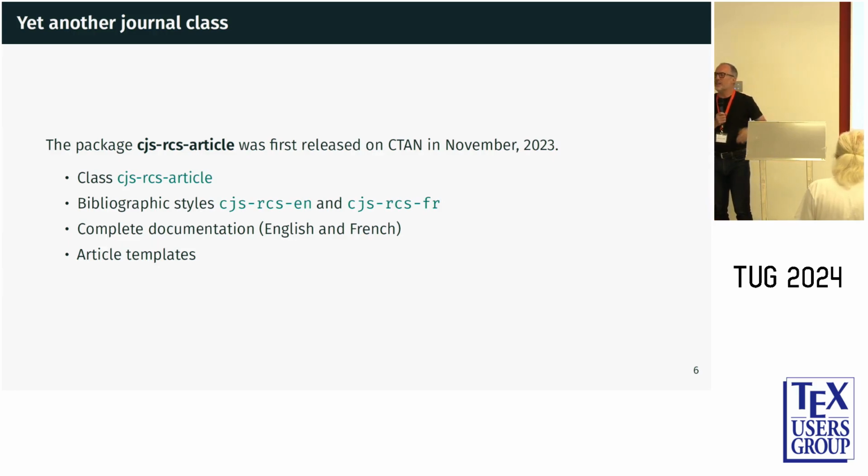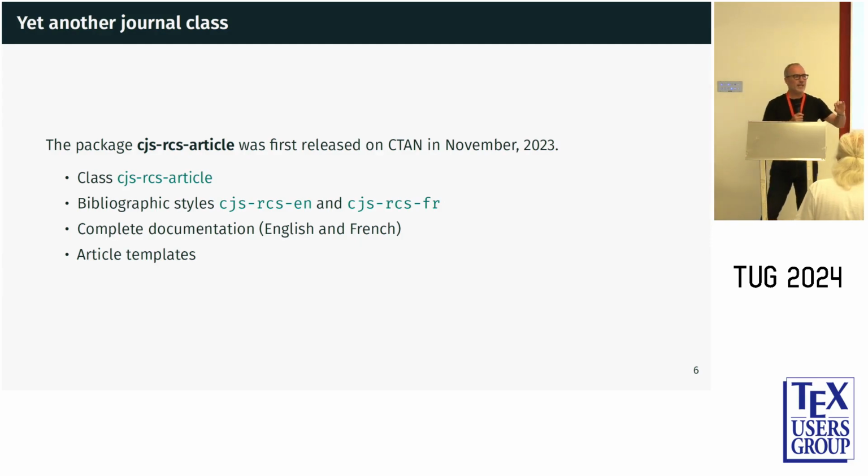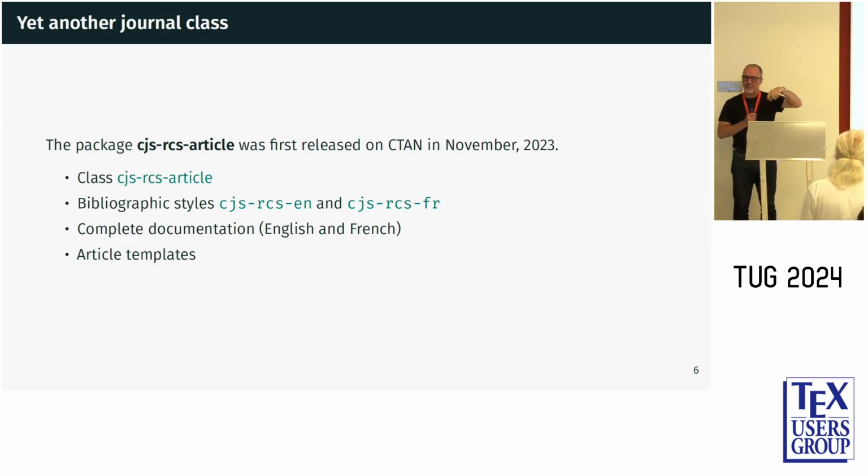So it took about a year for the whole thing to be done, and you did not hear me say that the fact that there was a faculty strike at Laval, at my university, in the spring of 2023 helped in any way.